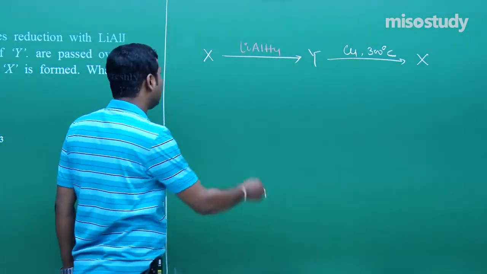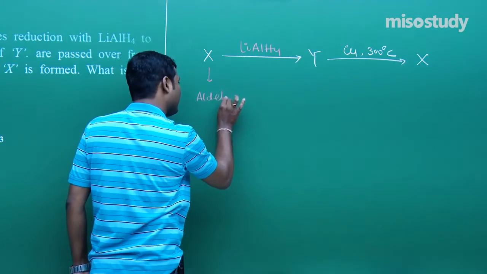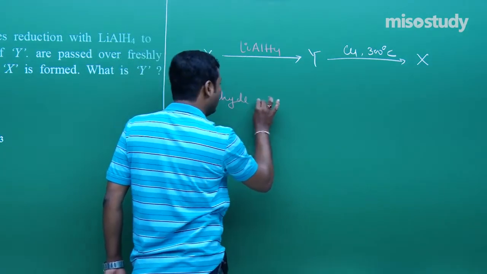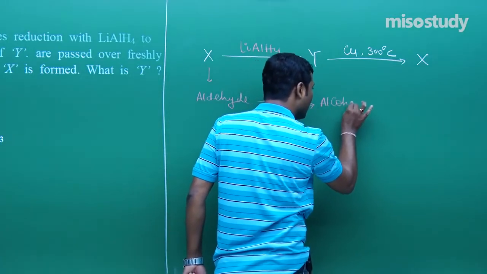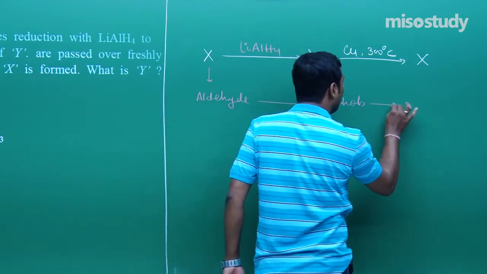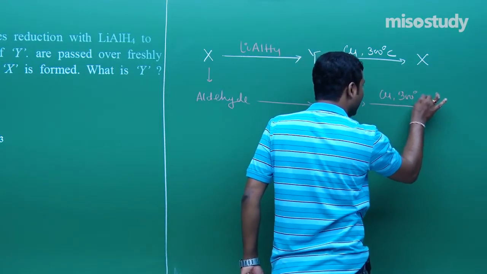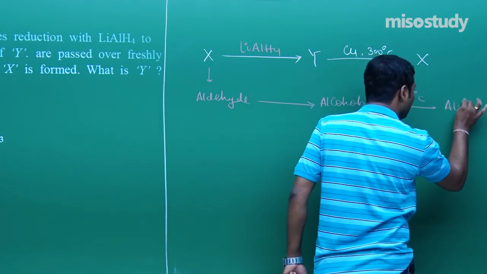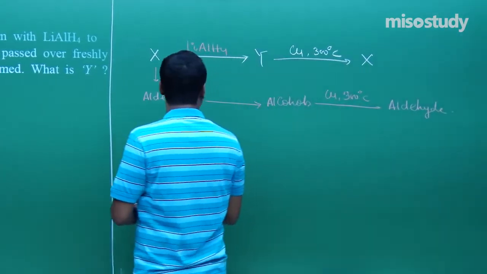We can predict X is definitely an aldehyde. Clear to you? An aldehyde on reduction gives an alcohol, and the alcohol on treatment with copper again gives an aldehyde. Remember this.